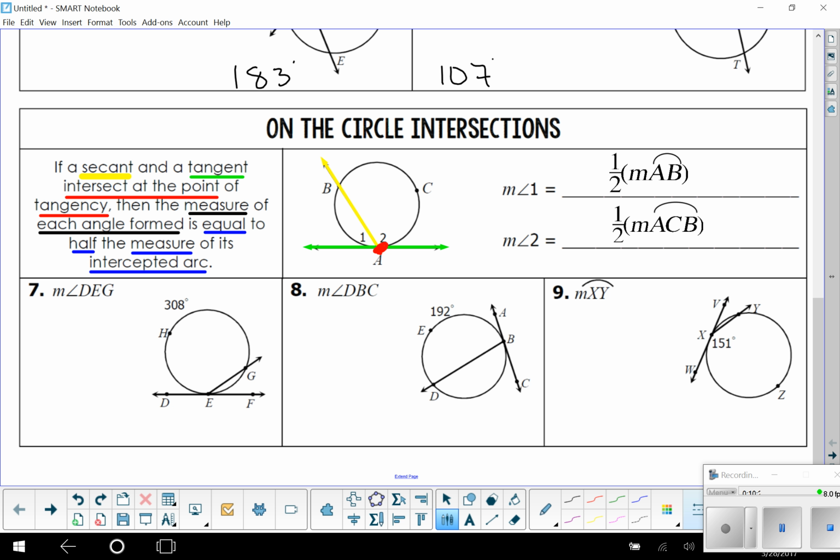So if we're talking about angle 1, then the arc that angle 1 is intercepting, which is this guy, is going to be half of that arc. So it's just like an inscribed angle. Excuse me. Angle 2 is going to be half this arc.